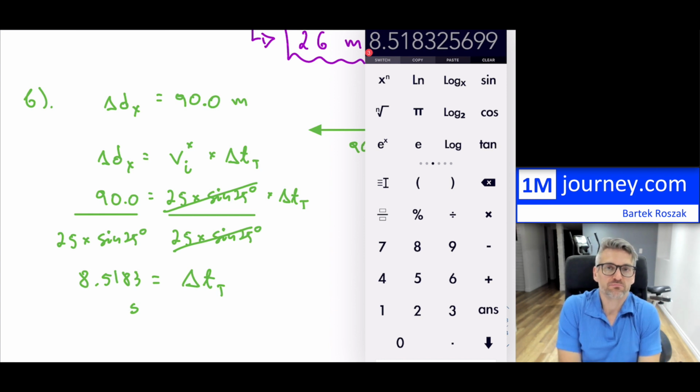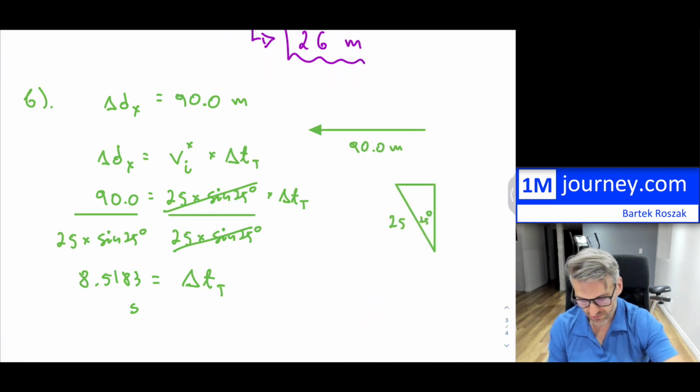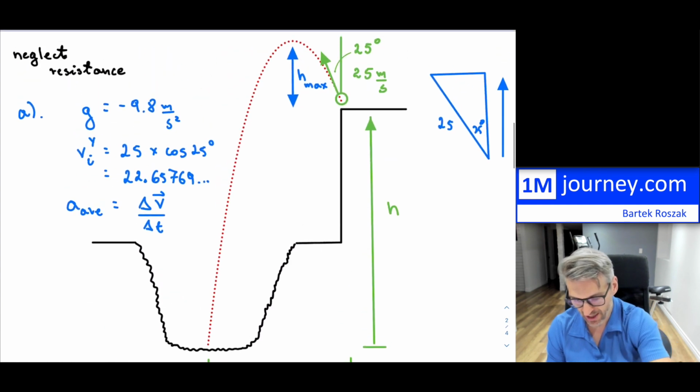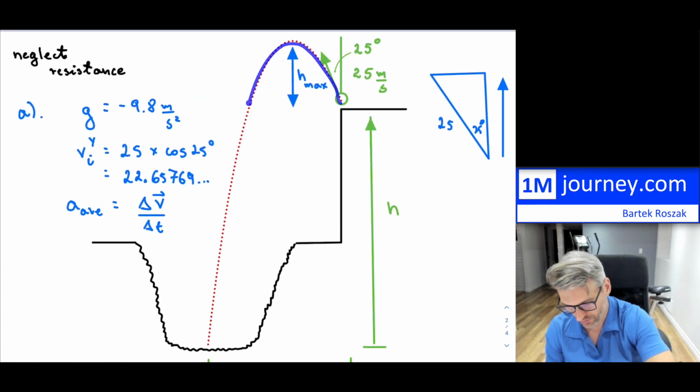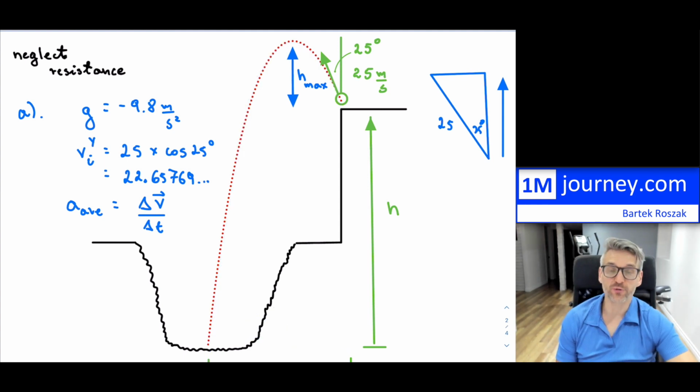Now, what does that give us? Well, it tells us the actual duration of this ball in the entire projectile motion. So all of this entire path, we now know what the time is. And if we know what the time is, then we can find what the displacement is in the y direction.